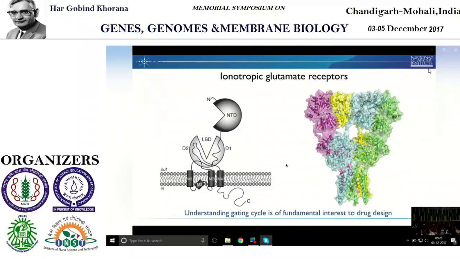When they don't work properly, it can lead to diseases such as Alzheimer's, memory loss, Parkinson's, and many others. And there is therefore great commercial interest in finding molecules that might target one or the other subtype of these ion channels.